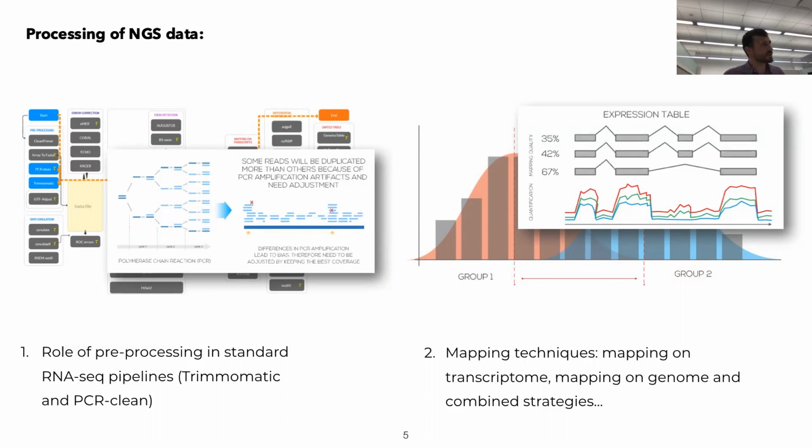So processing next generation sequencing data, in the context of transcriptomics, is going to have two major aspects to it. One is we have to pre-process and map the data on the reference genome. And then once we map that data, we need to understand how to quantify the level of expression, right?